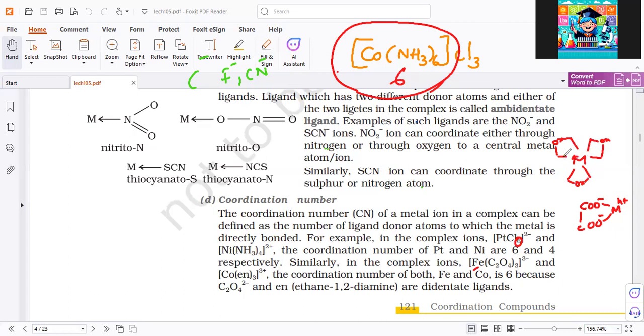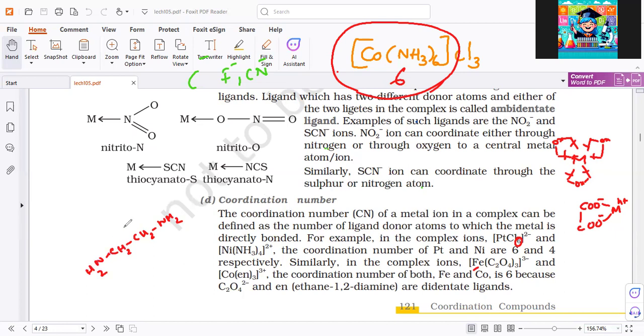So the coordination number will be 1, 2, 3, 4, 5, 6. And for this Co(en)3 3 plus, en means ethylenediamine. Ethylenediamine means CH2, CH2, NH2, NH2.